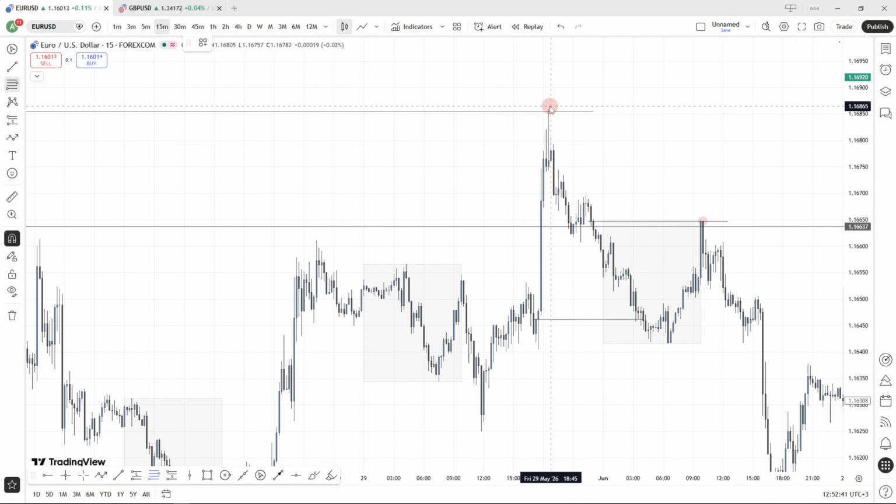And you can see you could have taken your trade from that area. That's how you could have taken your trade, a short position from that area, targeting the most immediate external lows. So stop loss about not 2 pips but 5 pips.